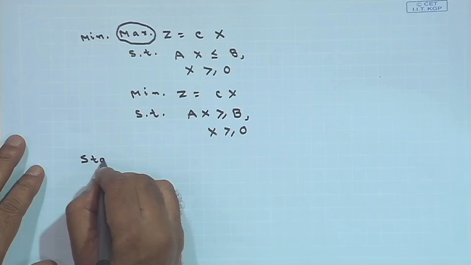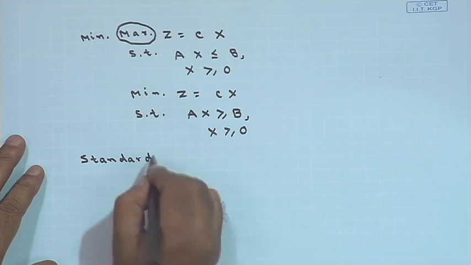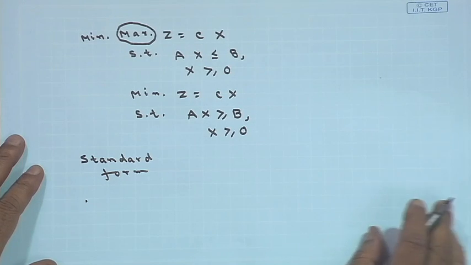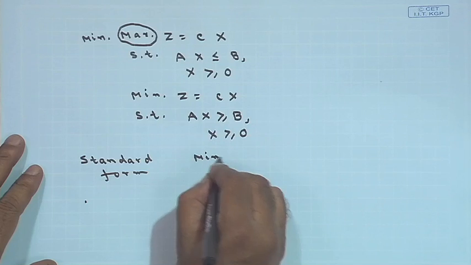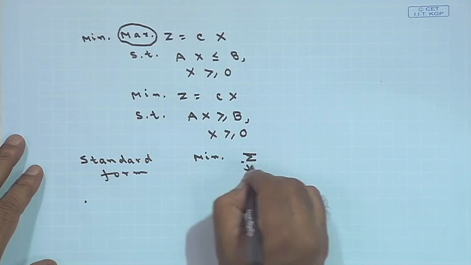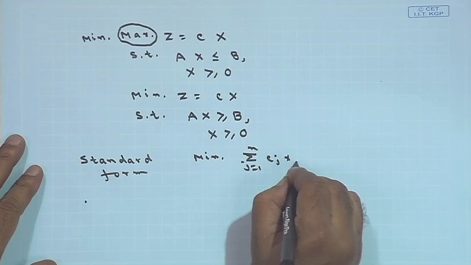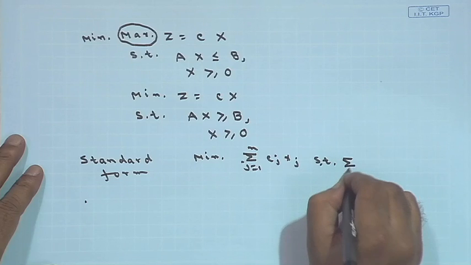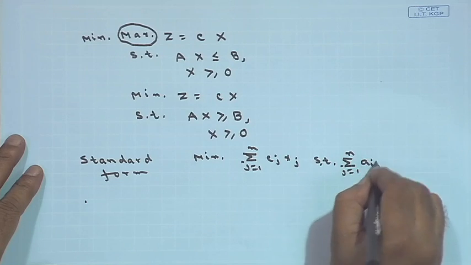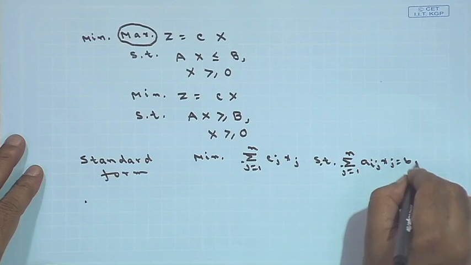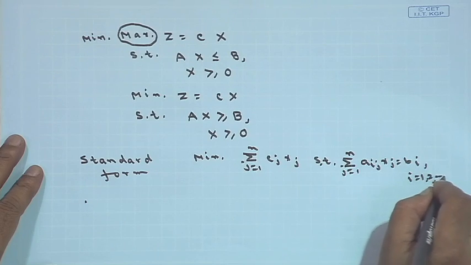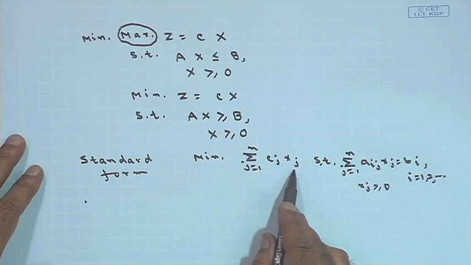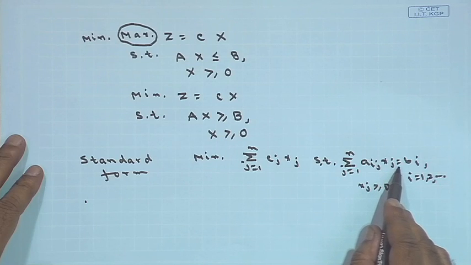I am just writing standard form, and in standard form I am writing minimize summation j equals 1 to n Cj xj subject to summation j equals 1 to n Aij xj equals Bi, and xj greater than equals 0.